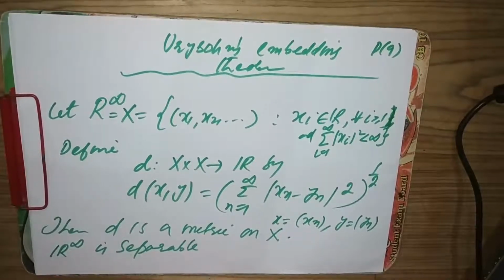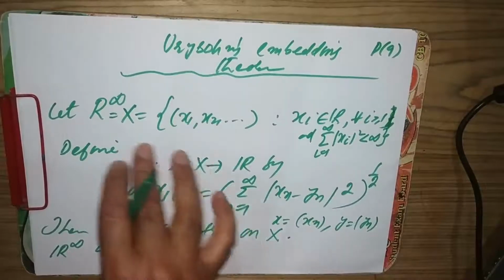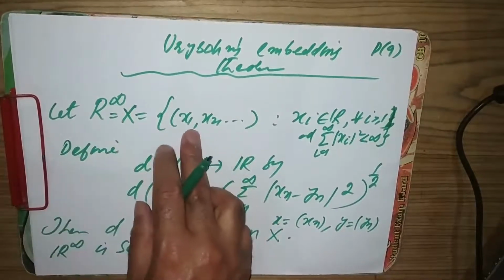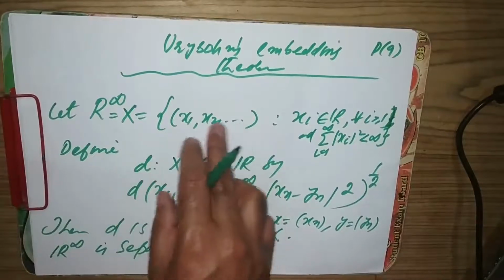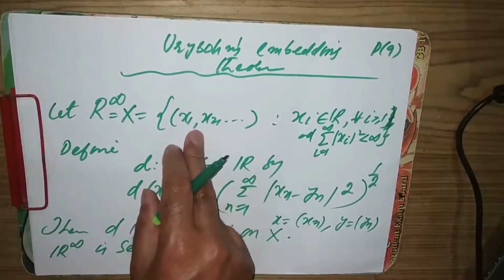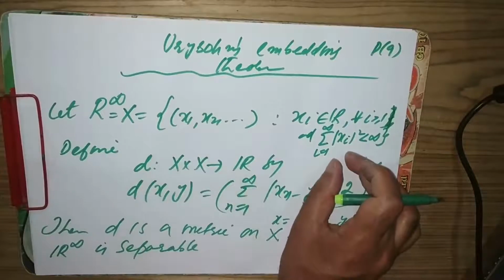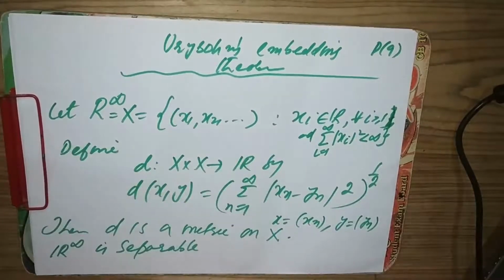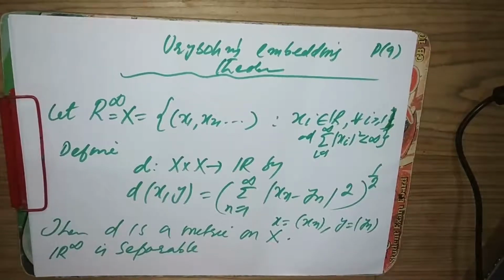It has a countable dense subset. If I take the set Q infinity, the set of infinite tuples with each entry a rational number and satisfying this property also, then that is a subset of R infinity, it is dense in R infinity, and it is also countable. So it's a separable space.